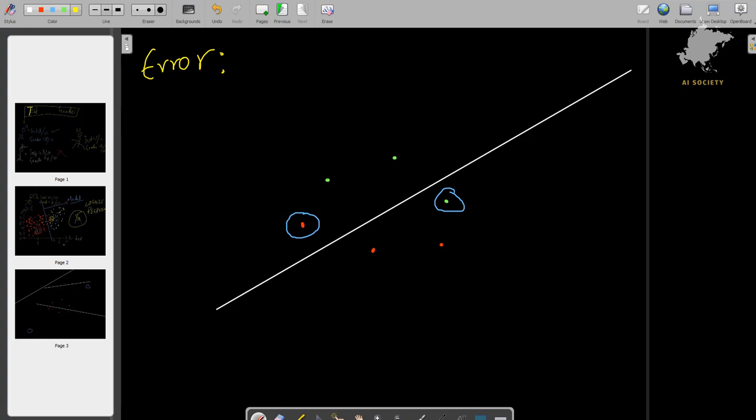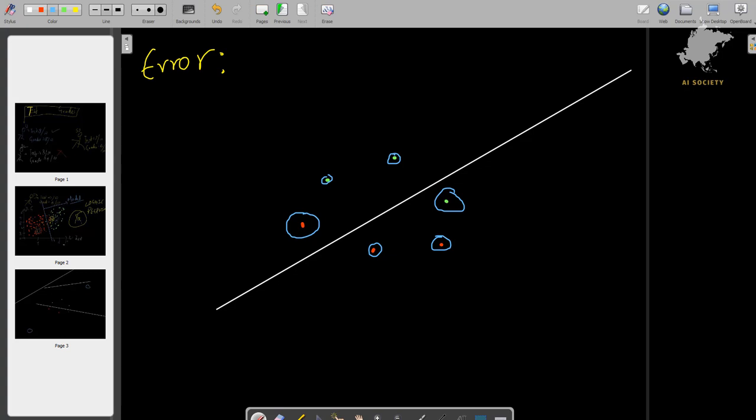Let's take a marker here, and let's say this error point has been punished like this, and this error point has been punished like this. Only small ones. The blue points show you the punishment level. Now these error points have been punished like this.